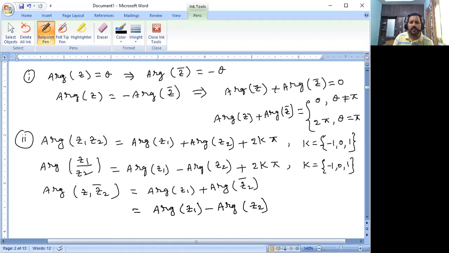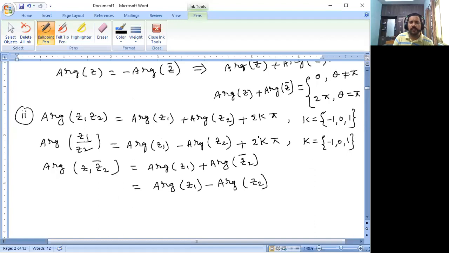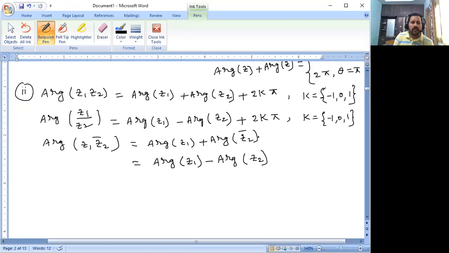Next, third property. This is an important property. Modulus of z1 plus z2 is equal to modulus of z1 minus z2.